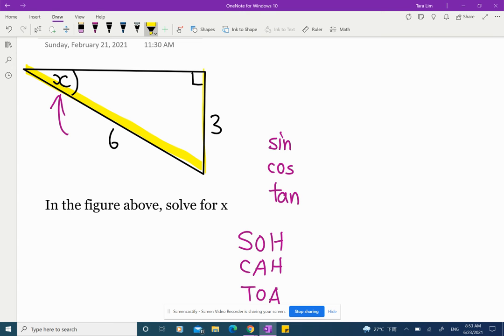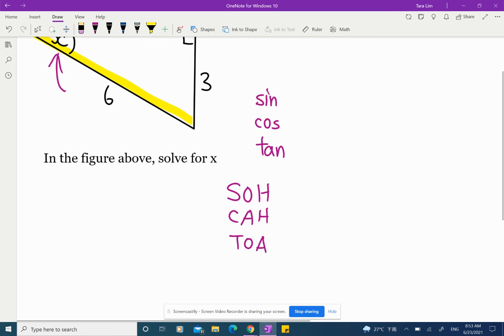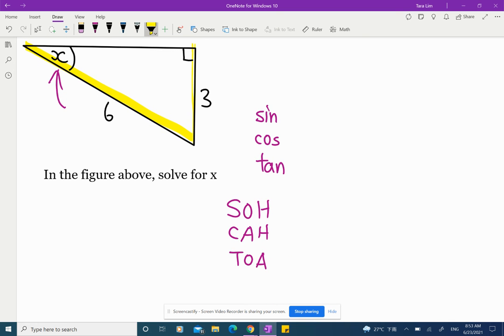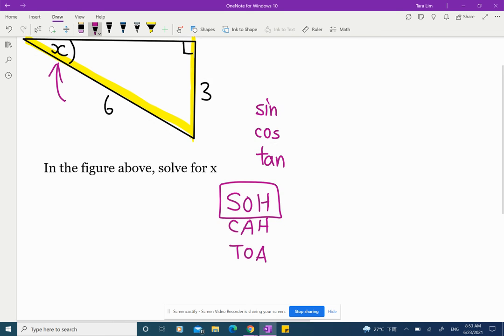And the 3 here is the opposite because it's opposite from x. So we have the hypotenuse and opposite. Which one here says O and H? So we're using the sine.